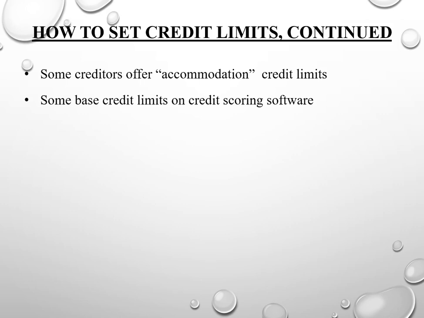Some creditor companies base the credit limits on some type of credit scoring software. Now, the good news is that there is commercially available credit scoring software, and it's fairly sophisticated. The software is a mature product. Credit scoring software for commercial credit grantors has been around for at least 30 years. It's feature-rich, it's intuitive, it's easy to use, it's inexpensive.